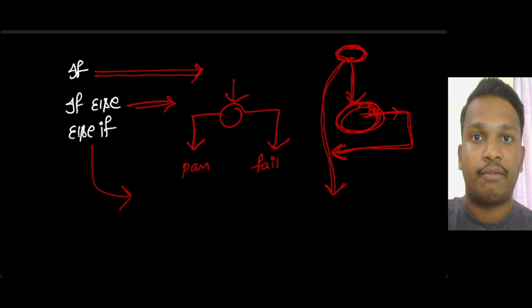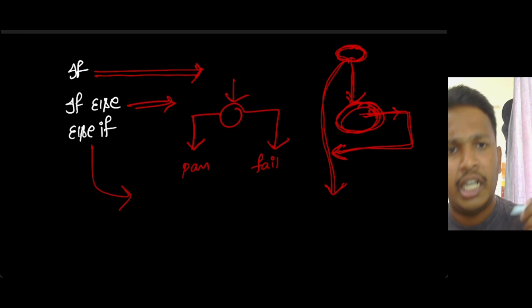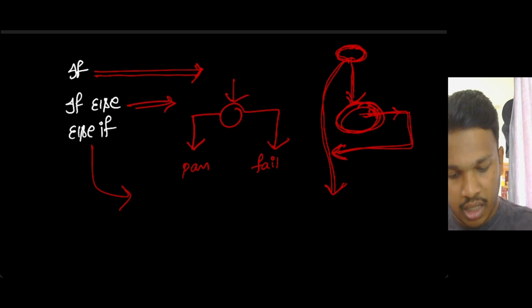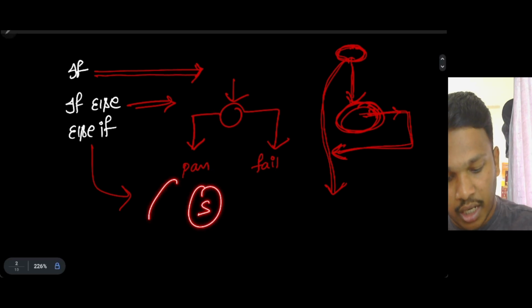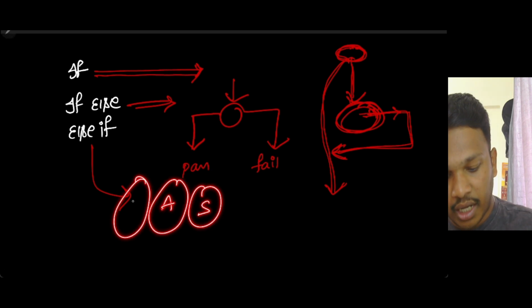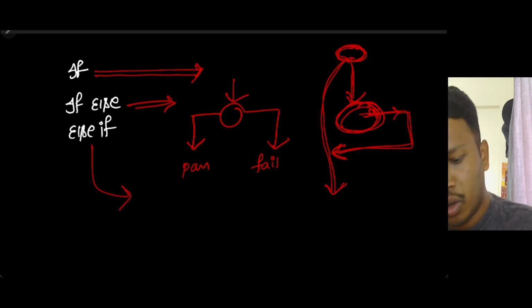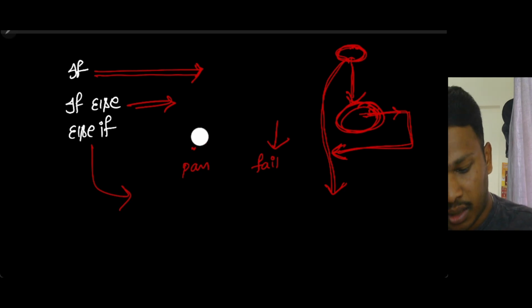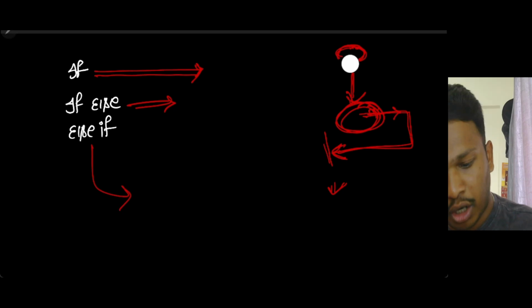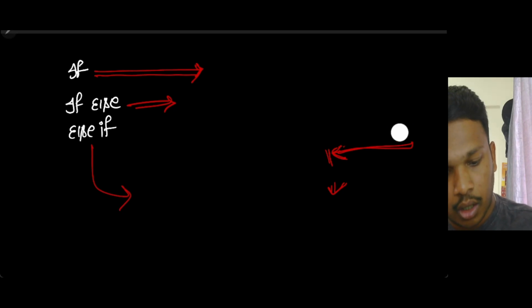Next, else if. When to use else if? There are multiple conditions. 90 to 100, A plus grade. 80 to 90, A grade. 70 to 80, B grade. Like this, multiple stories. You just remember only one thing, okay. After this lecture, what I want you people to understand is only one thing.